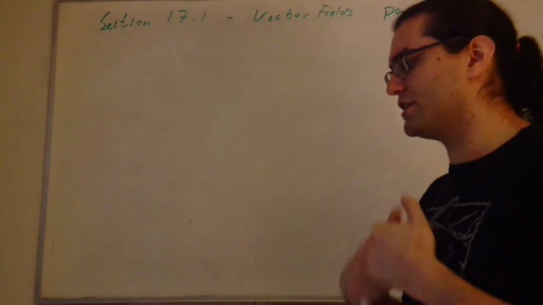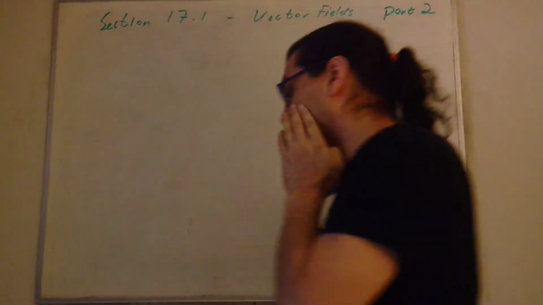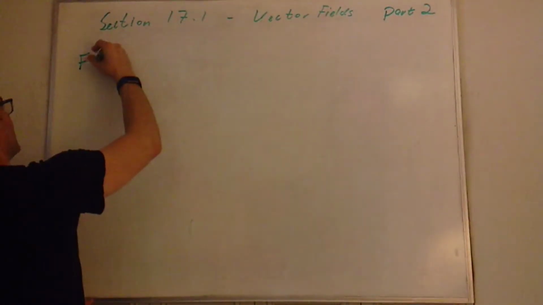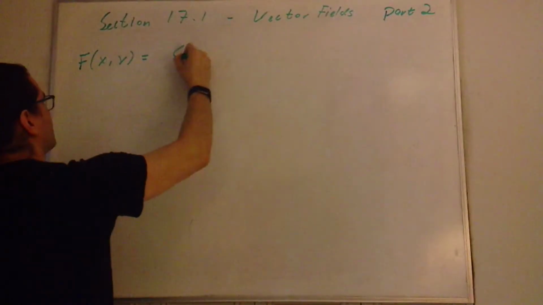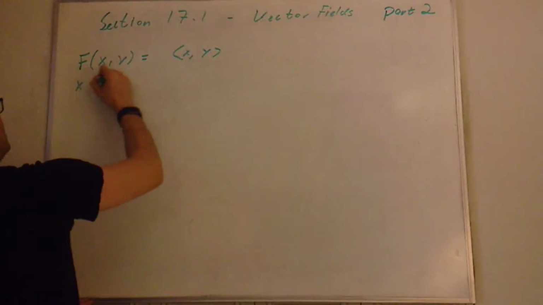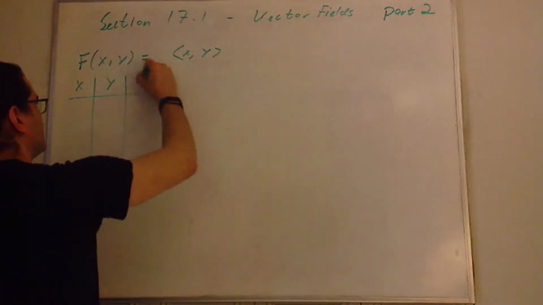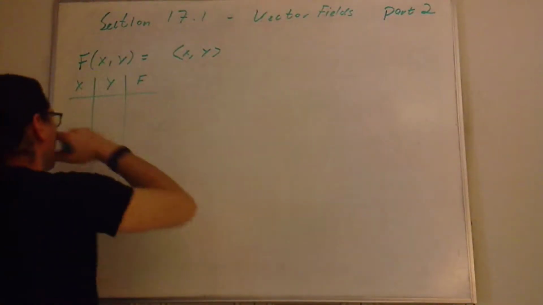I still want to keep doing some examples of vector fields. So I want to talk about one of the most basic vector fields there is. F of x, y equals x, comma, y. So again, we're going to do the 9 grid points that I really like, and if we want more, we can add some more.